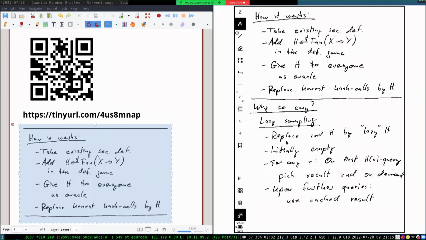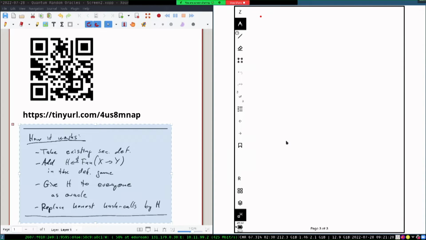And the great advantage of this is that the random oracle, if we define a random oracle as a random function, is completely indistinguishable by any adversary, by any number of queries you do, from a lazy sampled random oracle, which means we can just use the lazy sampled random oracle in the proof instead of the true random oracle.